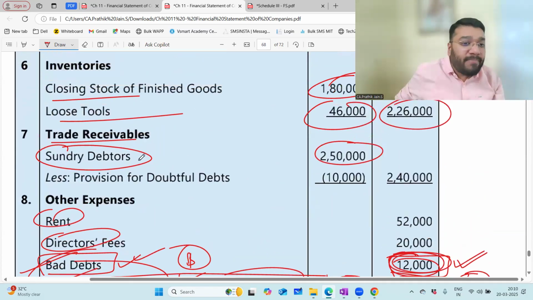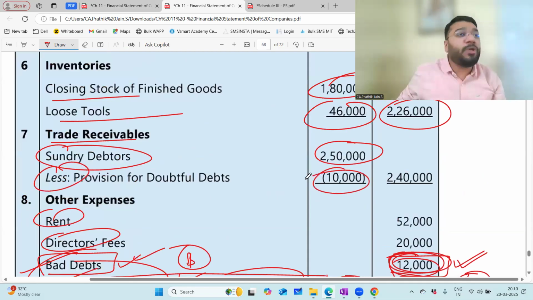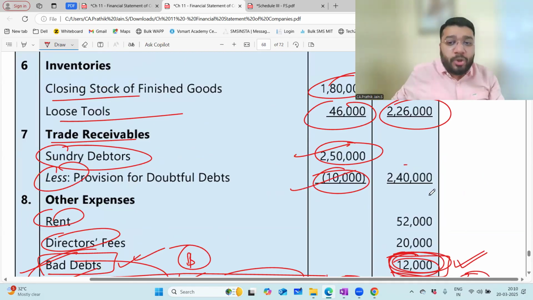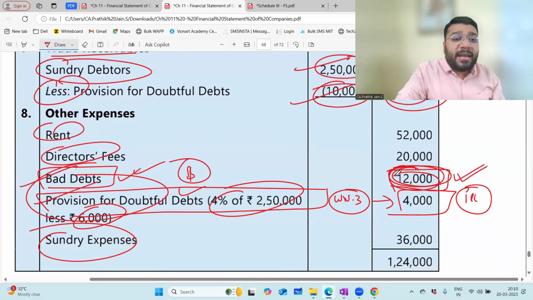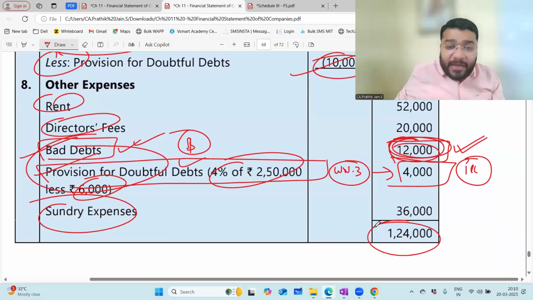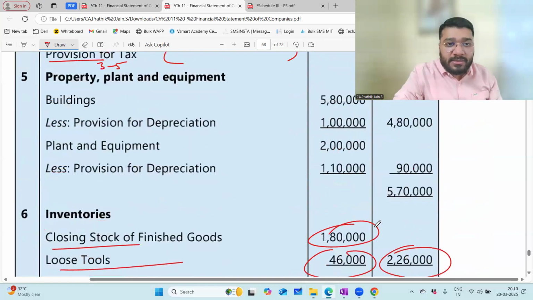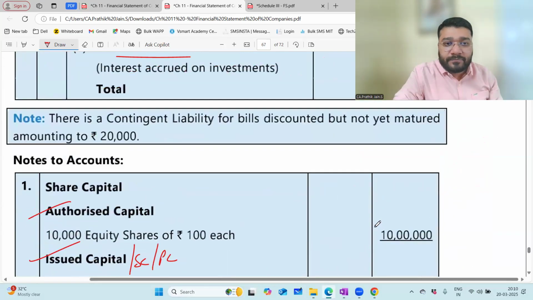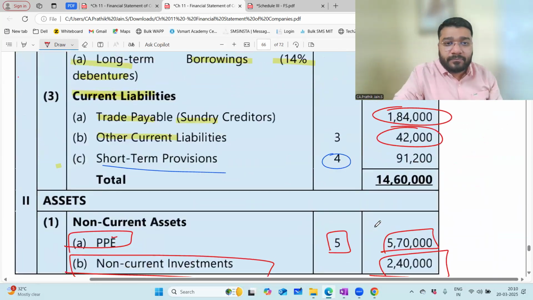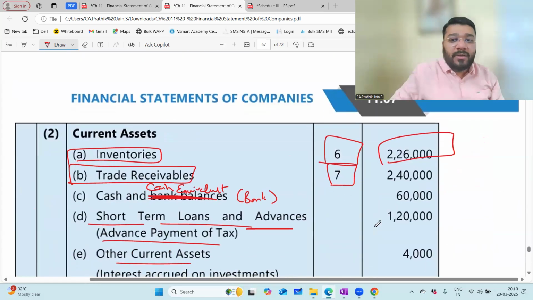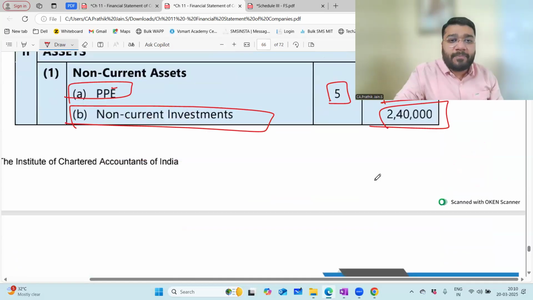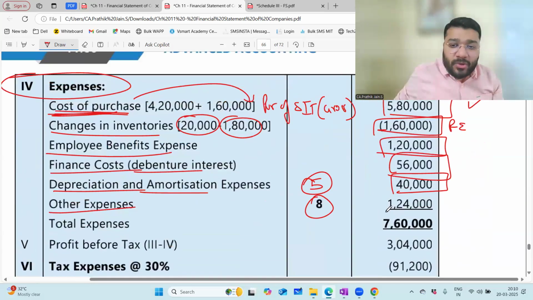So 2,50,000 minus 10,000, that is 2,40,000, is the net debtor value which will travel to the face of the balance sheet. So in the balance sheet record 2,40,000 against trade receivables, and in P&L record 1,24,000 as other expenses.